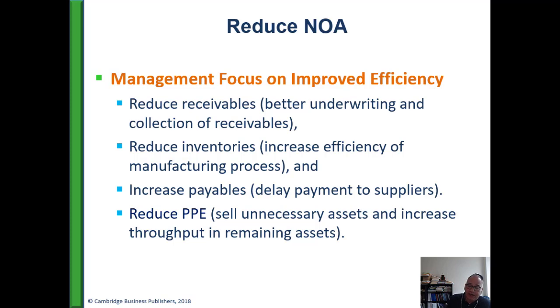You can do this by increasing the flow of inventory through your supply chain, i.e. decreasing the amount of time it takes you to sell inventory. Increase your payables or reduce your PP&E. If you have excessive PP&E that's not producing for you, that's going to increase your net operating assets and drag down your NOPAT and your ROPI, so to speak.